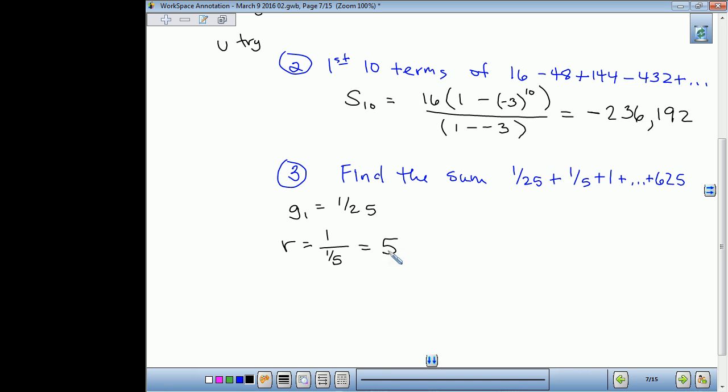You see that the common ratio is positive 5. Now, n is what we don't know. But they did give us the last term. G sub n is 625.